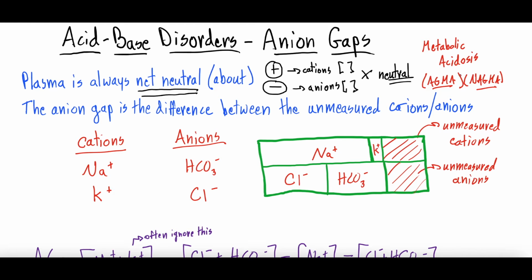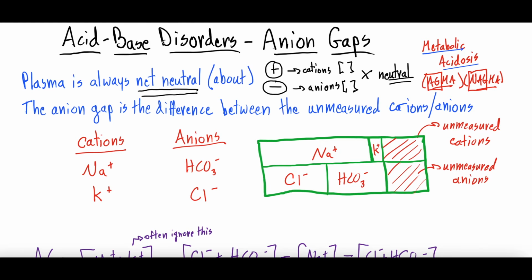Because this will hone in on the differential diagnosis for the cause of that acidosis. What is causing it will be related to whether it produces an anion gap, such as an AGMA, or a non-anion gap. It's not helpful for metabolic alkalosis. It's not helpful for respiratory acidosis or alkalosis. It's really just helpful for metabolic acidosis.